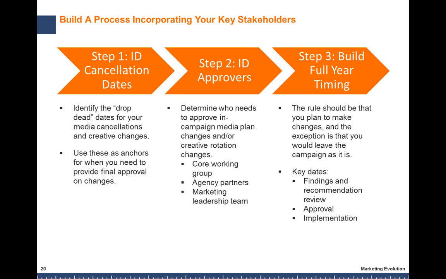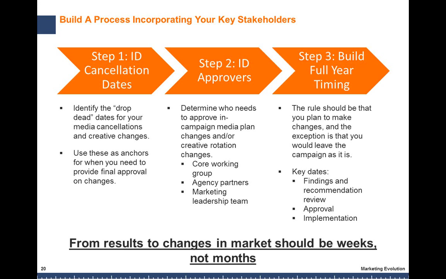So then the question just becomes approval and implementation. So working backwards, if you start with the cancellation dates, you identify the people who need to be involved in the process, and then you can set up essentially when you need to receive your results before those cancellation dates in order to get the approval and to implement.